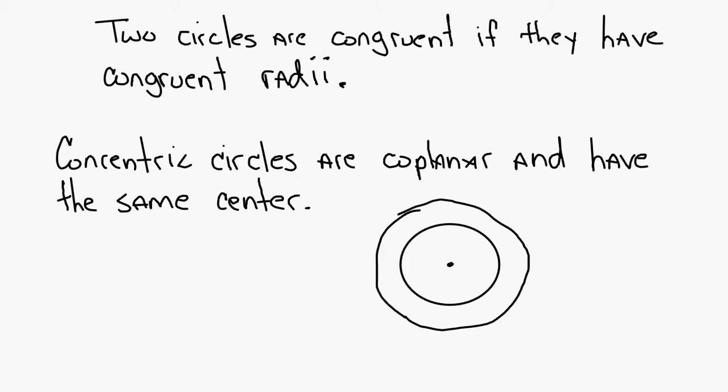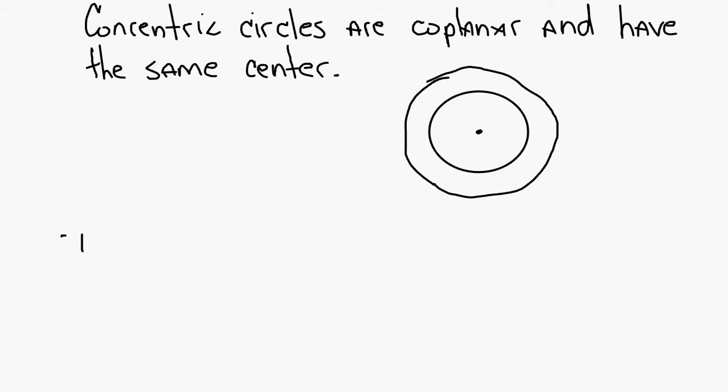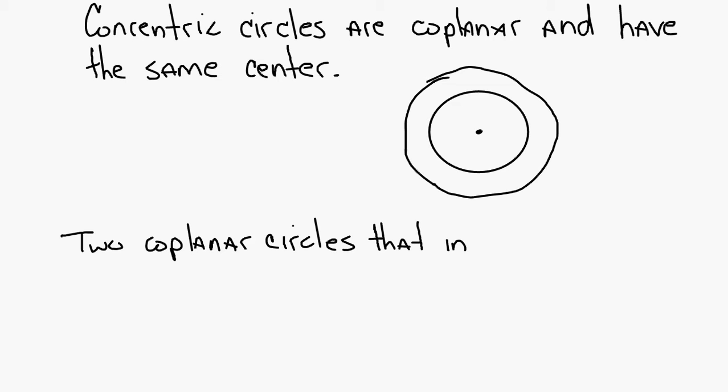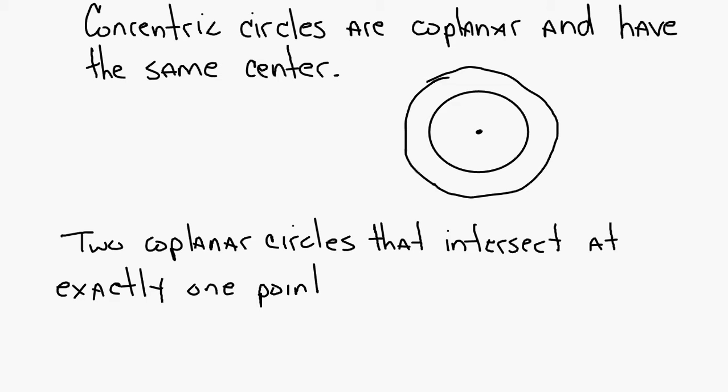And tangent circles. Two coplanar circles that intersect at exactly one point are tangent circles.